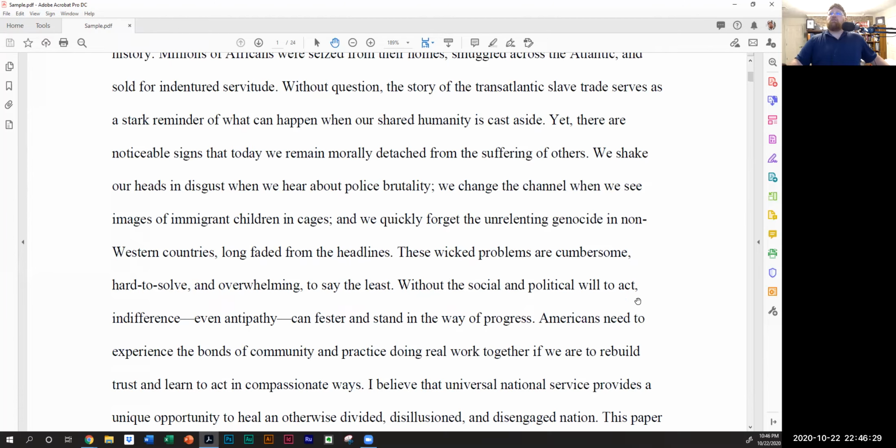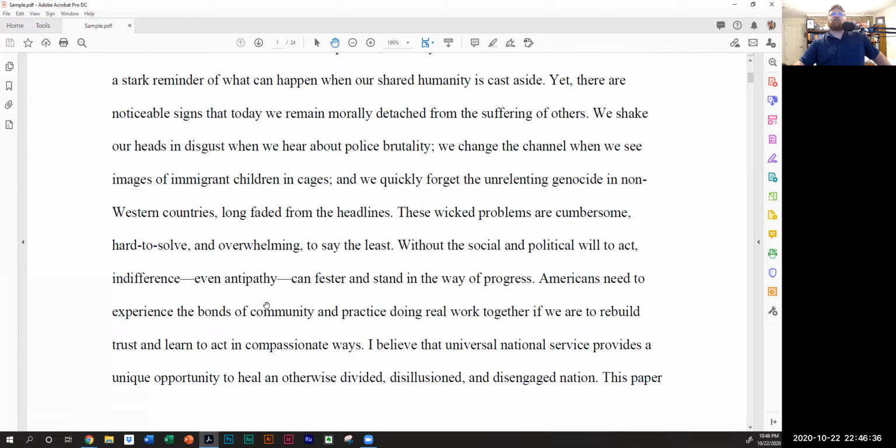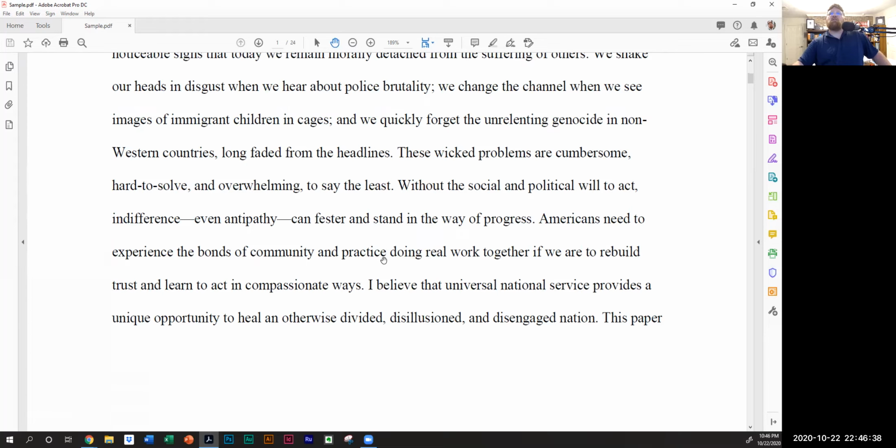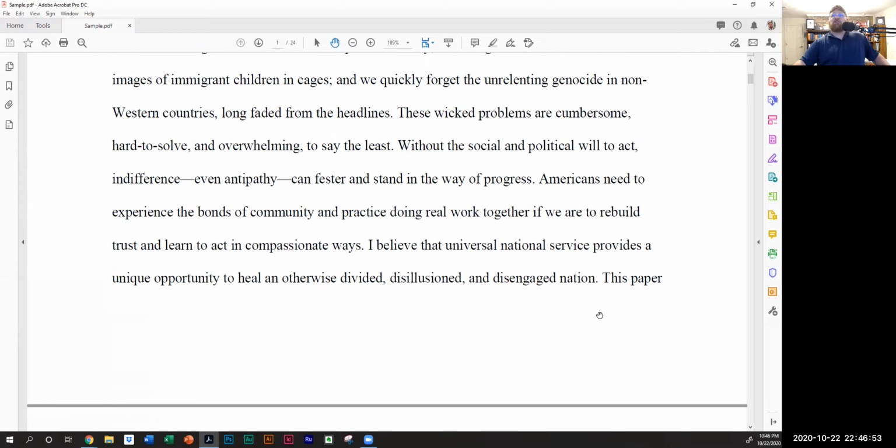Without social and political will to act, indifference and even antipathy can fester and stand in the way of progress. Americans need to experience the bonds of community and practice doing real work together if we are to rebuild trust and learn to act in compassionate ways. I believe that universal national service provides a unique opportunity to heal an otherwise divided, disillusioned, and disengaged nation.